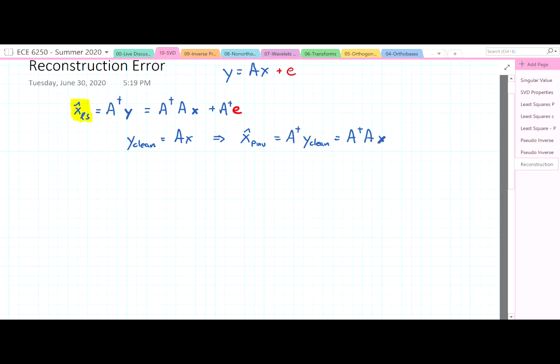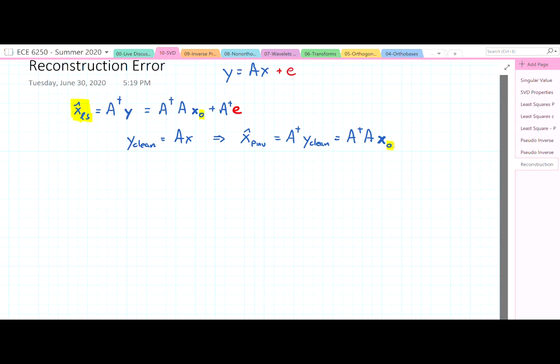And just to illustrate that we're talking about the same x in both cases, I'm going to put x naught in both equations. So we have the same x, and presumably we have some clean observation also.